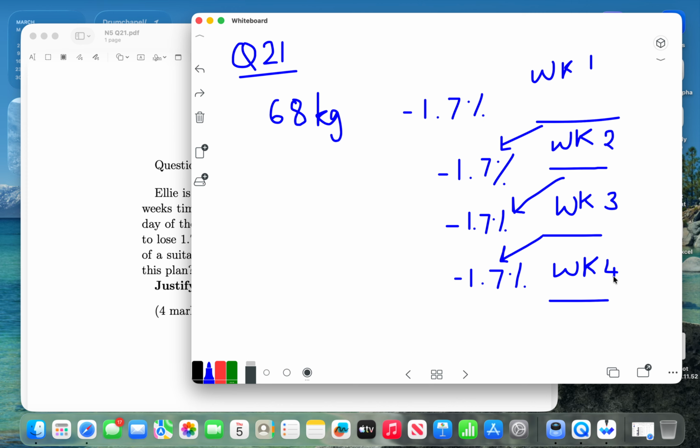So if we think about it this way, if we want to take 1.7% off of a number, then we have 100 minus 1.7 equals 98.3%.